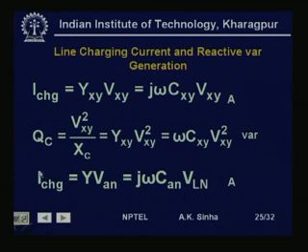and if we are looking for the charging current to the ground, then this will be equal to Y into VAN. This will be equal to j omega CAN into the voltage between line and the neutral. Once we know this current, we can multiply it by another V, that is, j omega CAN into VLN square, which will give us the reactive power generated by this line.